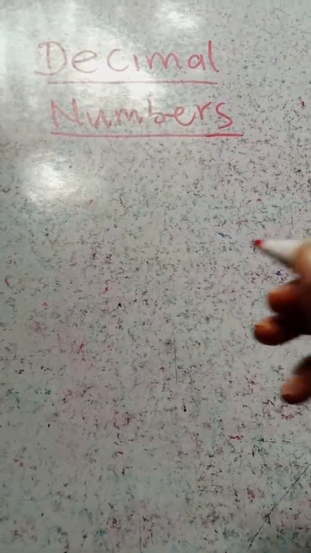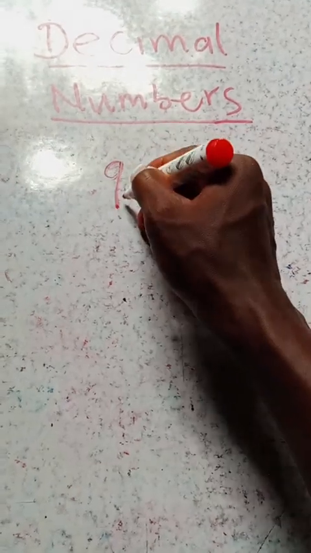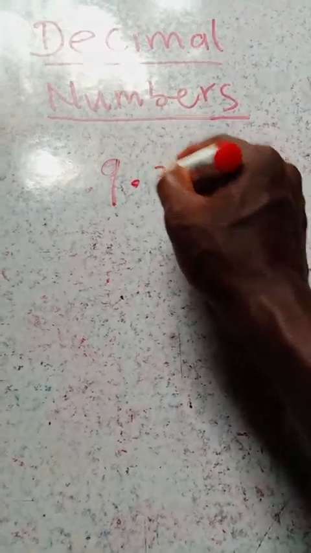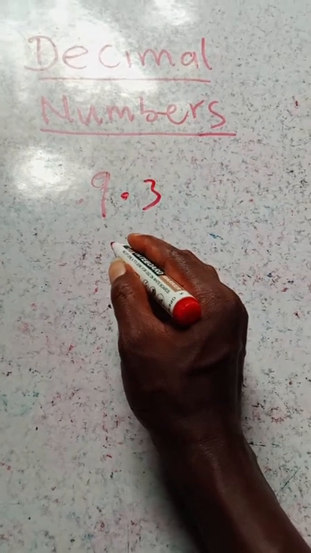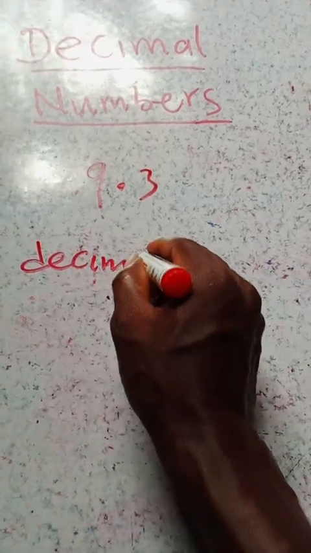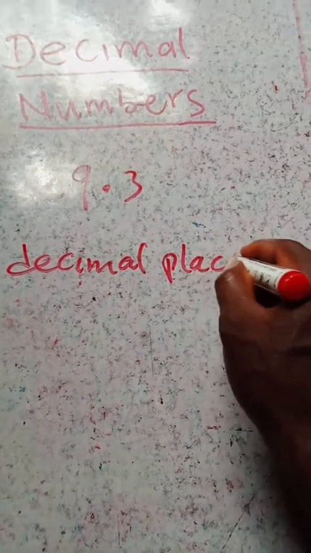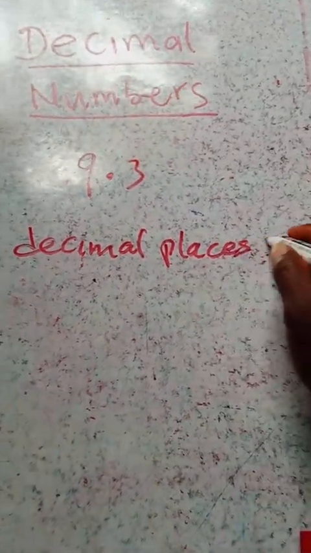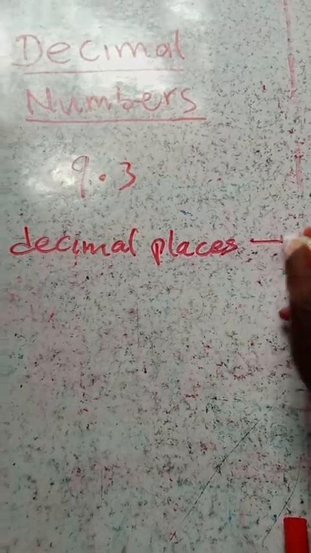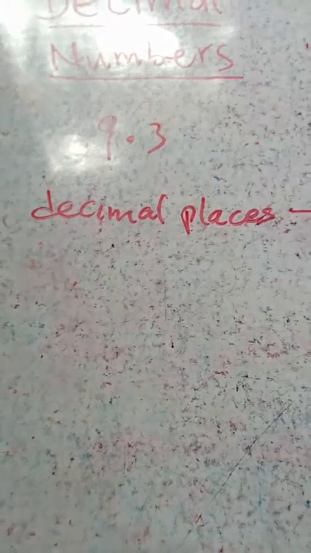The last example I'll give is this. Let's say we have 9.3. If you have 9.3, the decimal places are how many? Just one, because after the decimal point is just one digit.